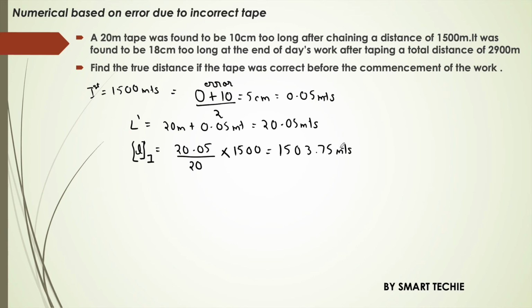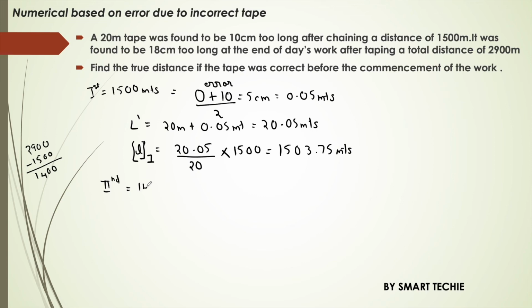So this will be my first true length in this first case. So coming to the second, now I have a total distance of 2900, so I'll deduct 1500 from that. So my remaining distance will be 1400.